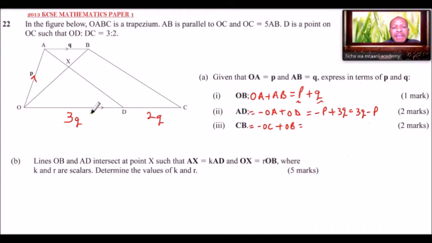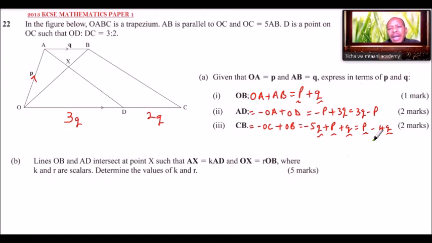OC is the same as 5Q, so it is minus 5Q. OB, we already expressed up here, so we can say it is plus P plus Q. So you can put the like terms together, so minus 5Q plus Q will give us minus 4Q. So we can write, we start with P and we say P minus 4Q. So that's how you get the vector CB.